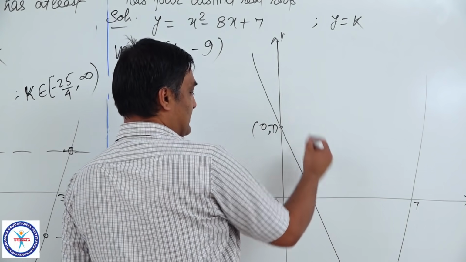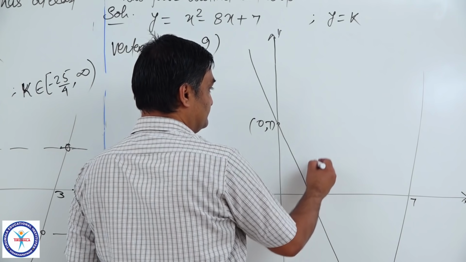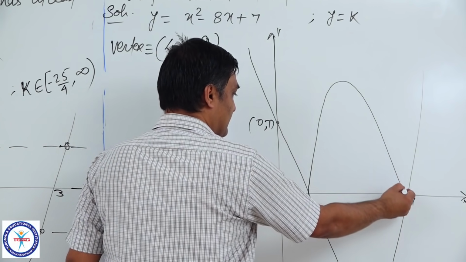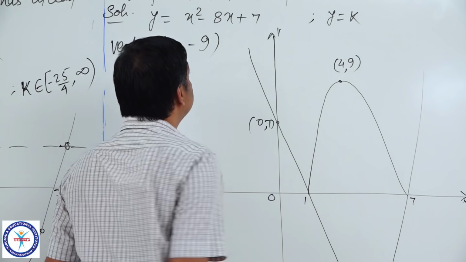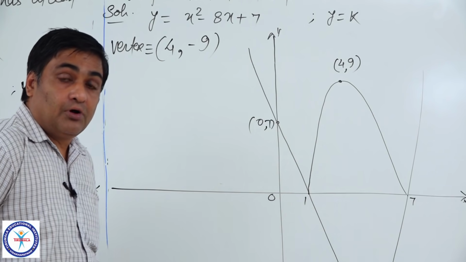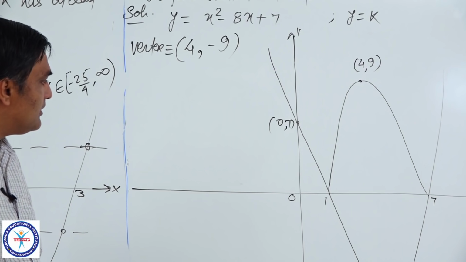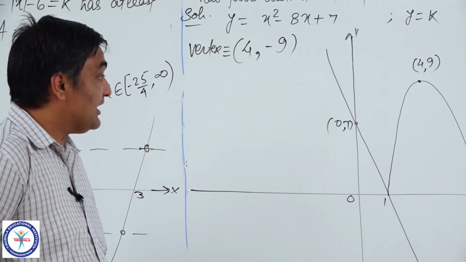So if we shift the graph, it will be like this, 4 comma 9. Okay. And take the portion.